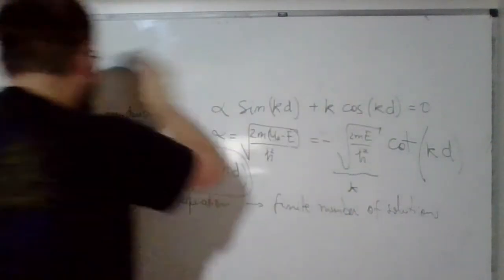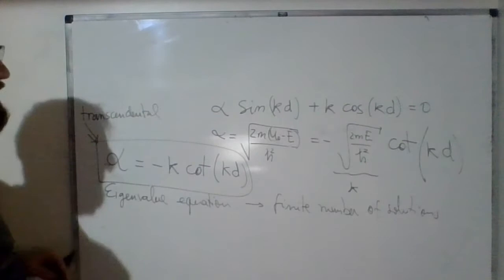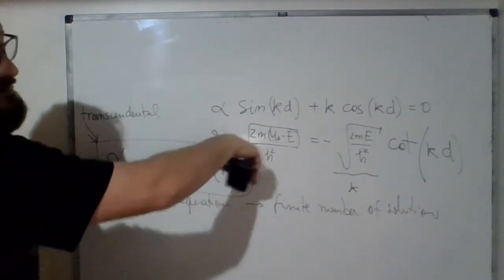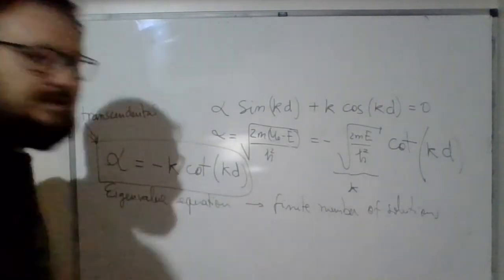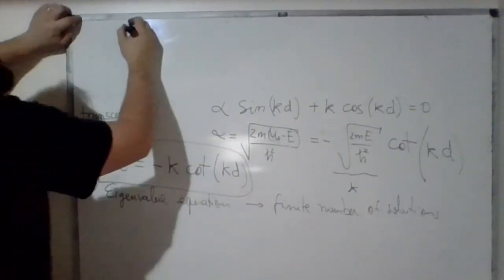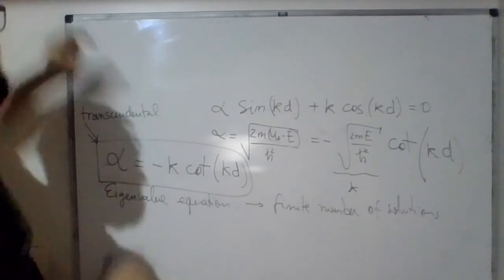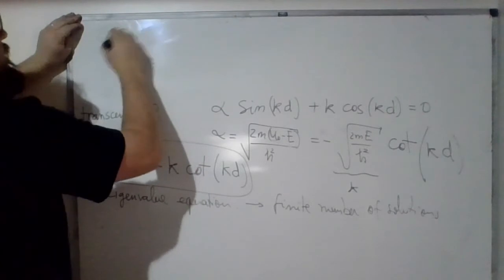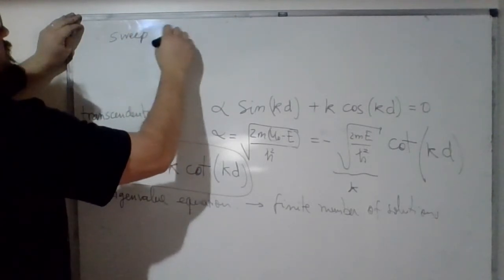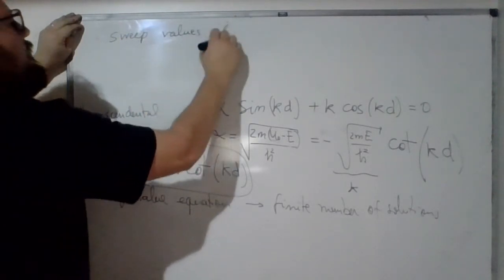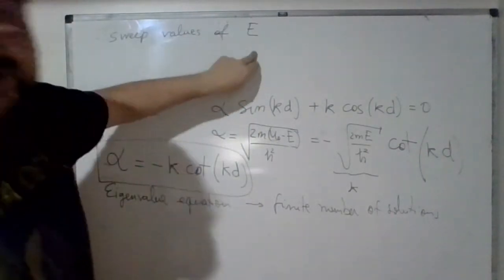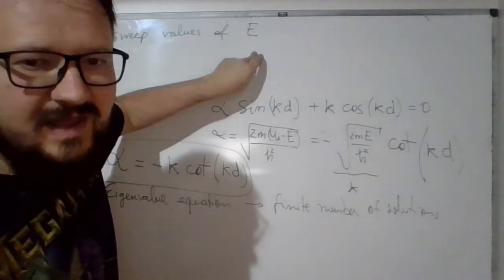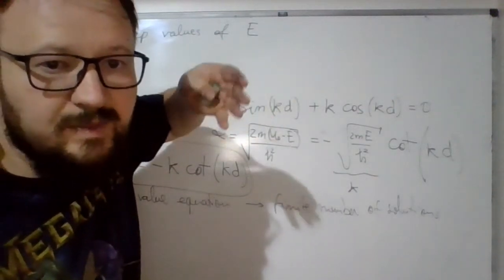Well, let us take a look at the alpha solution here, the alpha parameter. In order to solve that, you can just sweep values of E. In this case, you are concerned only with bounded states.